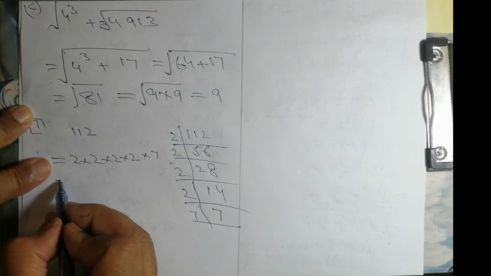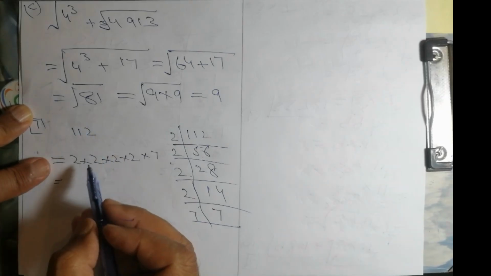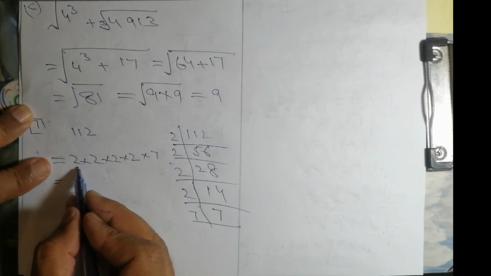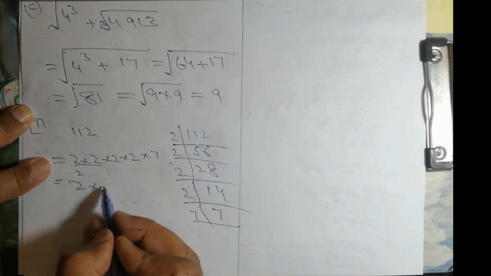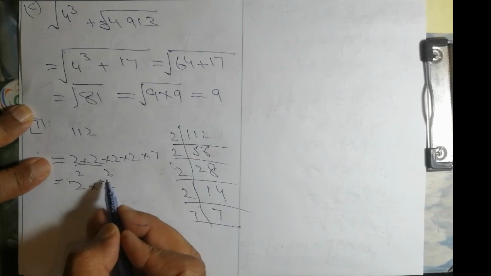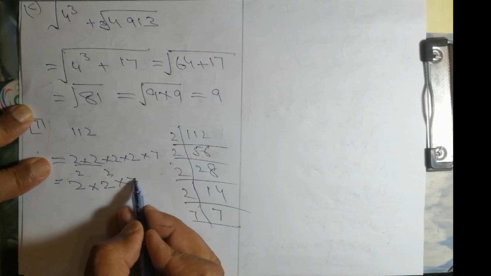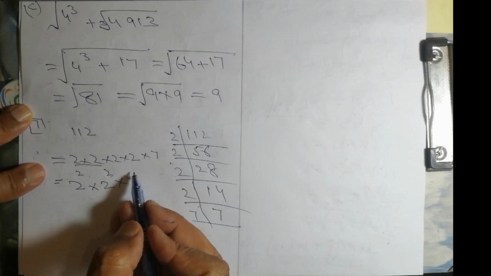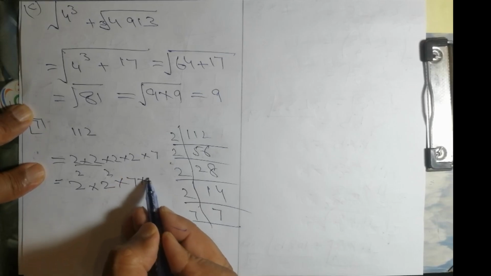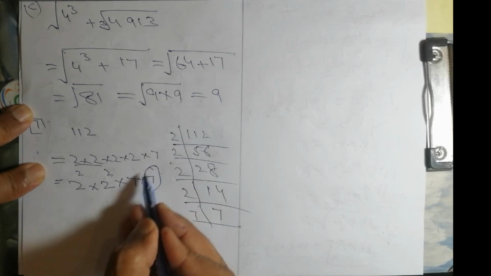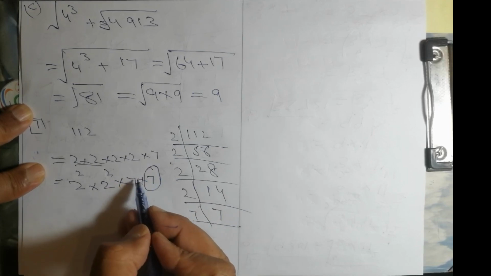So for this number to be a perfect square, we can write this as 2 raised to power 2, 2 raised to power 2, this is square, this is square, and 7 has one power only. If we multiply this number by 7, then this will also be a square number.